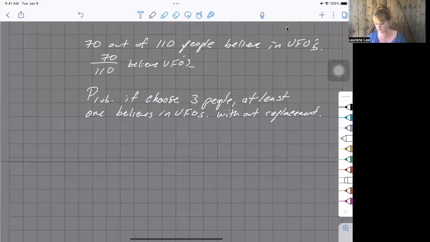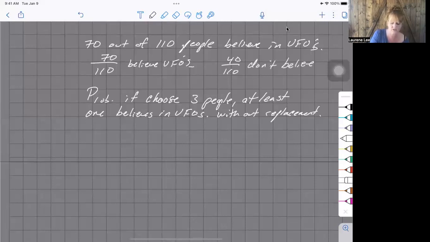So I'm going to take 110, which is my total, subtract 70 from it, and I'm going to get 40 out of 110 don't believe. I think that's helpful to do first to get your probabilities set up. So those are going to be our fractions that we're working with.